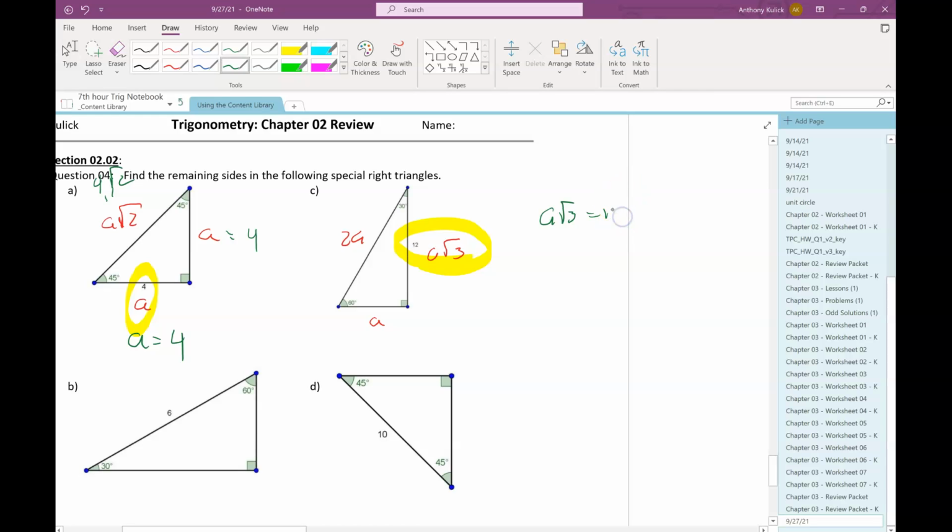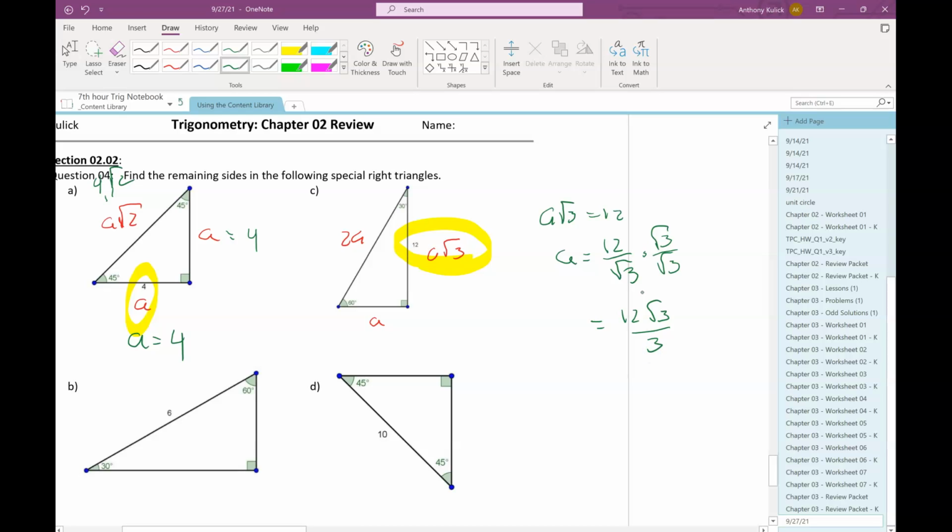So I'll go ahead and divide both sides by root 3. Okay with that? And we don't like to leave an answer with a radical in the denominator. So we'll rationalize the denominator by multiplying the top and bottom by root 3. Okay with that?